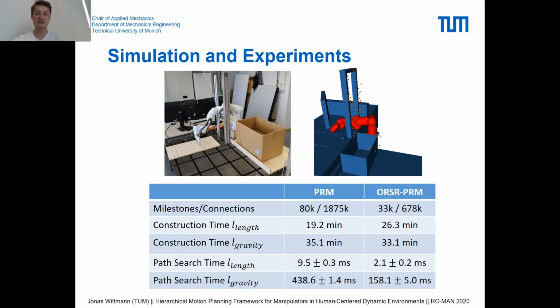This expectation is met by the experiments in which the ORSR-PRM showed on average a nearly 3 times faster computation time for the path length objective for a target configuration in 100 repetitive online motion queries and a nearly 5 times faster computation time for the gravity objective.